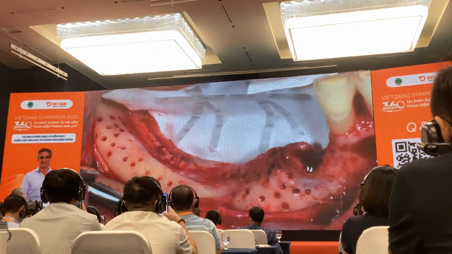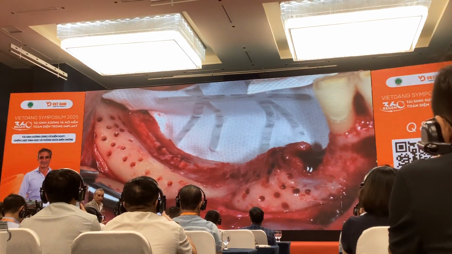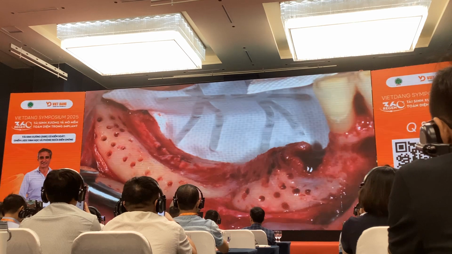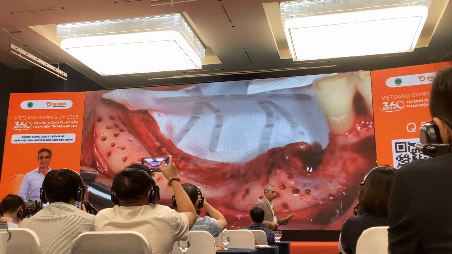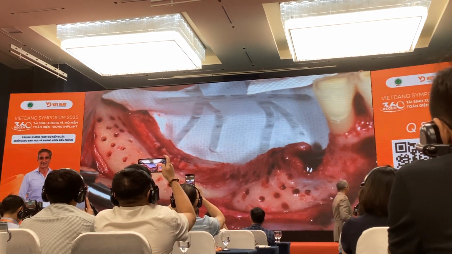Then I placed the membrane on the equal side. I have already described the rationale for which we started from the equal side.